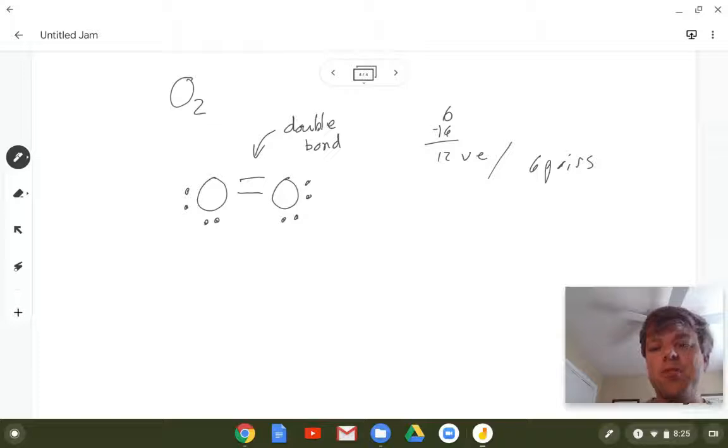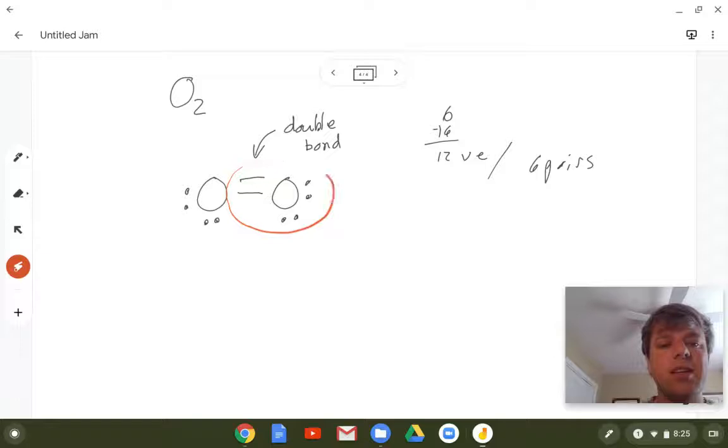So by sharing 2 pairs of electrons, these 2 oxygens are able to achieve the octet rule as well, because each oxygen has 8 electrons around it. 2, 4, 6, 8. 2, 4, 6, and 8. And that's the way the oxygen atom actually exists, is it is a double bonded molecule.